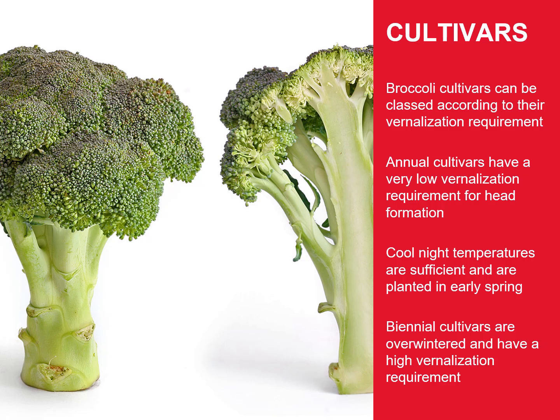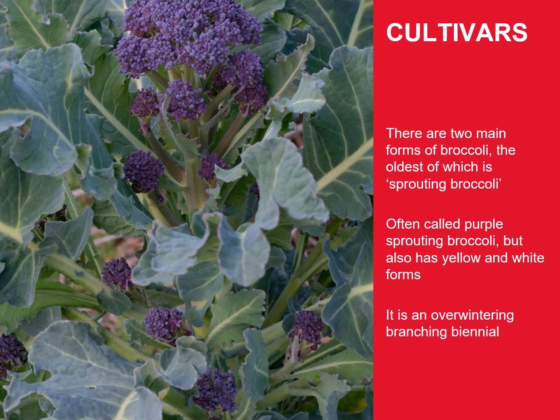Annual cultivars have a very low vernalization requirement and require little exposure to cold in order to form broccoli heads. Cool nighttime temperatures may be sufficient in the early spring for these types to be vernalized, whereas the biennial cultivars, which are overwintered, have a much higher vernalization requirement and need to be exposed to colder temperatures for much longer.